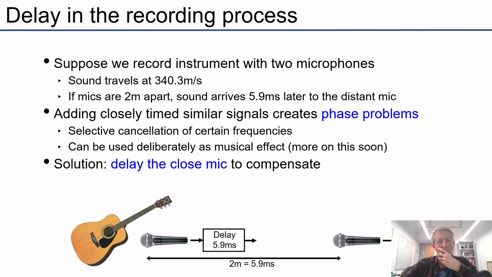But the problem is, imagine a particular sinusoid emanating from that musical instrument, and so being picked up by the 2 microphones. One of those 2 microphones might, at a particular time, have the sine wave at its peak. The other microphone, which is a different distance away from the source, might at that same time pick up the sinusoidal output from the musical instrument at its trough, at its lowest point.